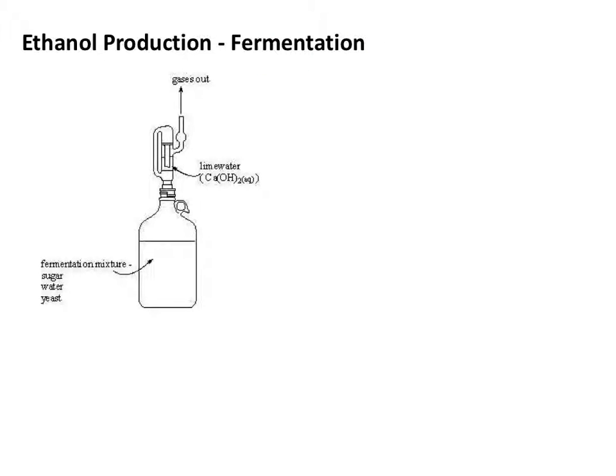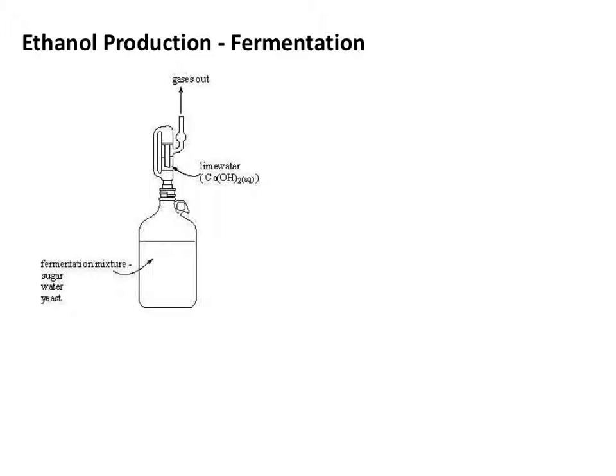And so what I've got here is a diagram which shows the kind of kit you need to do fermentation in the laboratory. So here is our mixture, which is busily fermenting away, and what we've got in here is a load of water, and into the water we've dissolved sugar, normal sugar, and we've mixed that with a little bit of yeast.